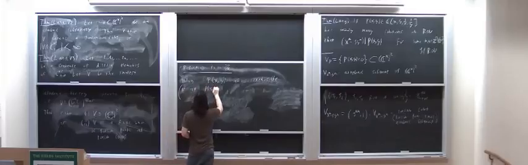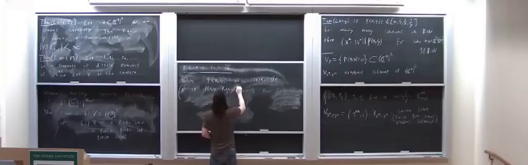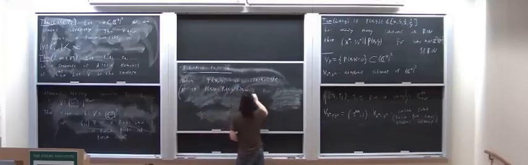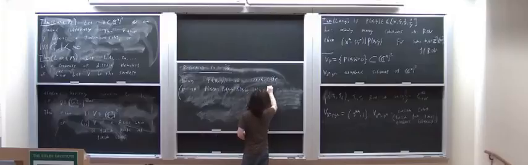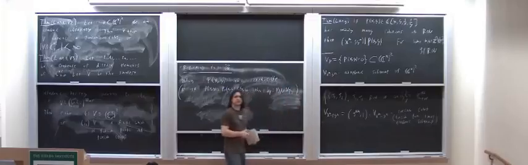If P of x, y factors into two different guys, then the zero set of P is just the zero set of P1 union the zero set of P2.